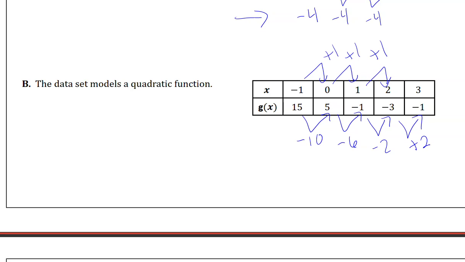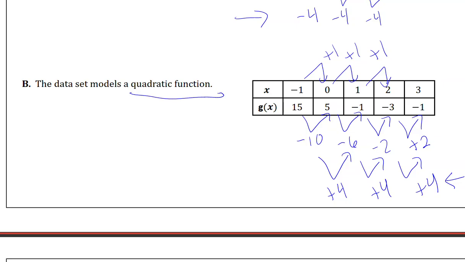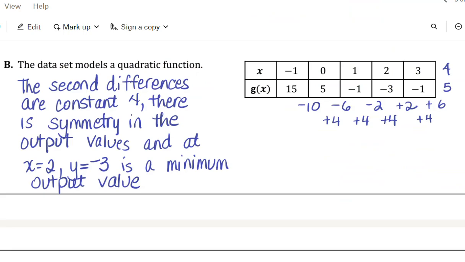That's not consistent, but when you go to the next level, this increases by 4, this increases by 4, this increases by 4. Since it's the second level, we're going to say it's quadratic. The reasoning is that the second differences are constant at 4. So again, it's the second level.